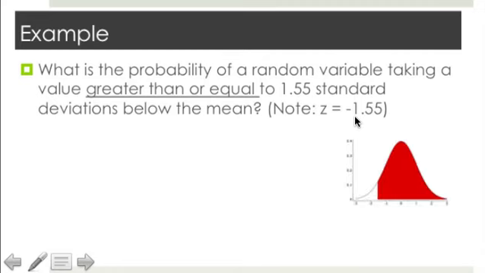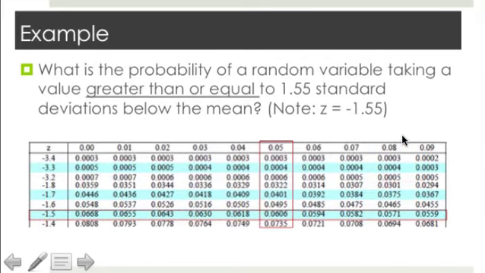The picture looks like this. So you can see over here we're between -1 and -2, roughly -1.5 standard deviations below the mean, and so we're looking for all the values that are over here. Now, because of symmetry, we know that this probability should be larger than 50% because it covers more than half of this curve here. So let's use that and verify that.